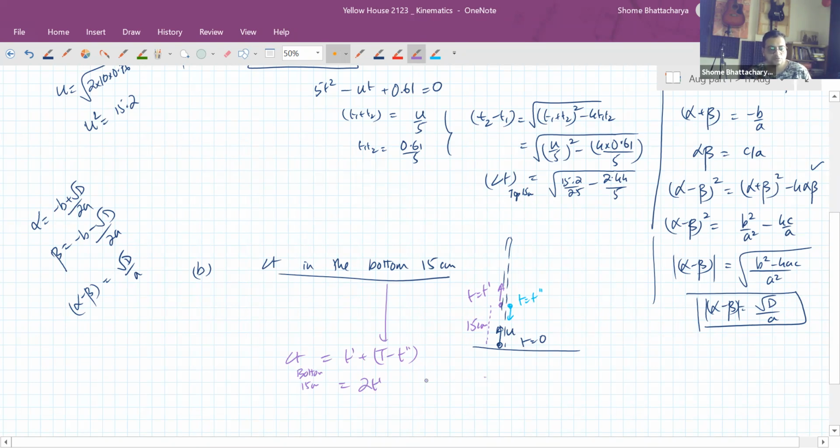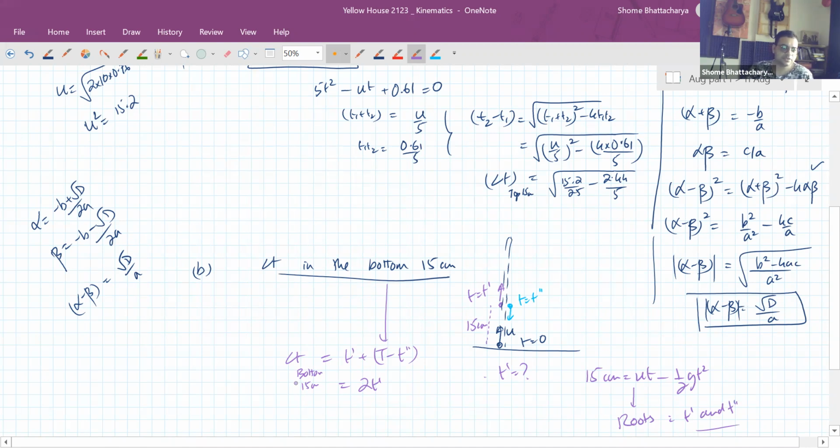So for t prime, you have to solve 15 centimeters equals ut minus half gt square. The roots of this are t prime and t double prime. So just find the smaller root of the two and double it. That will give you the time it spends in the bottom 15 centimeters.